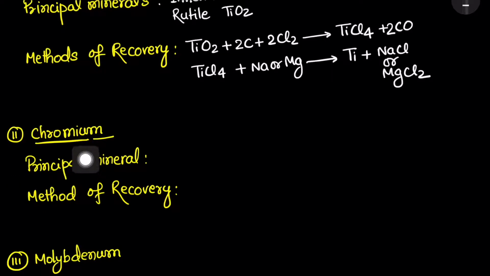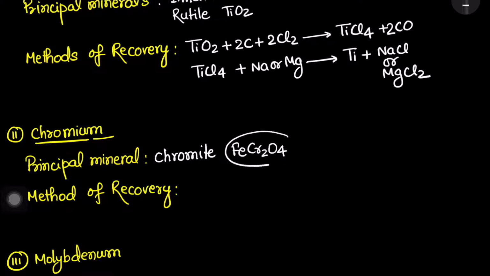We have chromium. The principal ore for this is chromite, and the formula is FeCr2O4. This is the chromite ore. Method of recovery is very simple. We have to reduce it by using carbon. So we'll do the carbon reduction basically.